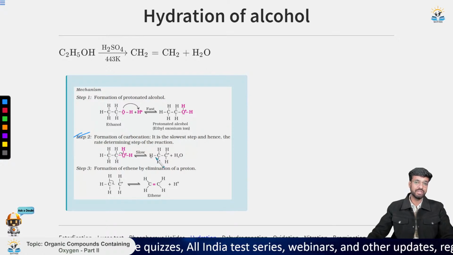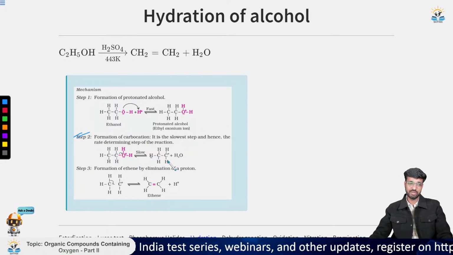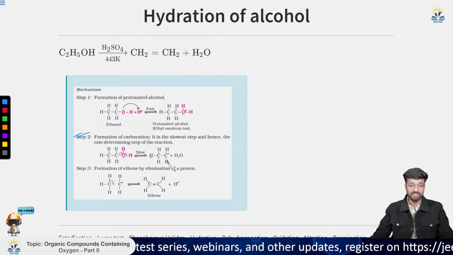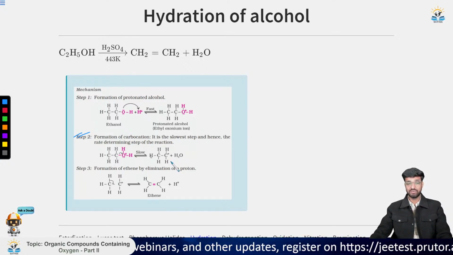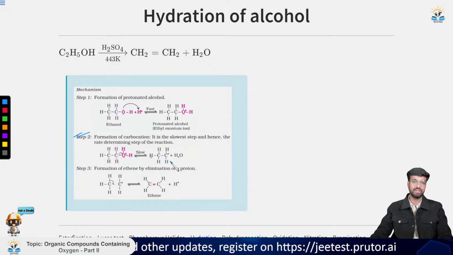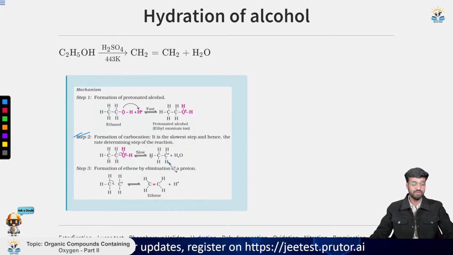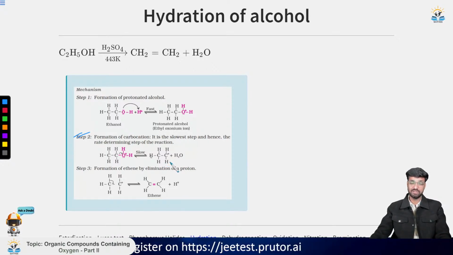And in this reaction, you can see that there is the formation of carbocation. Now you can create an analogy here, that since it is determining the rate of reaction, the carbon that is forming a more stable carbocation intermediate will be the fastest of all. Okay, so this is the crux of this reaction.